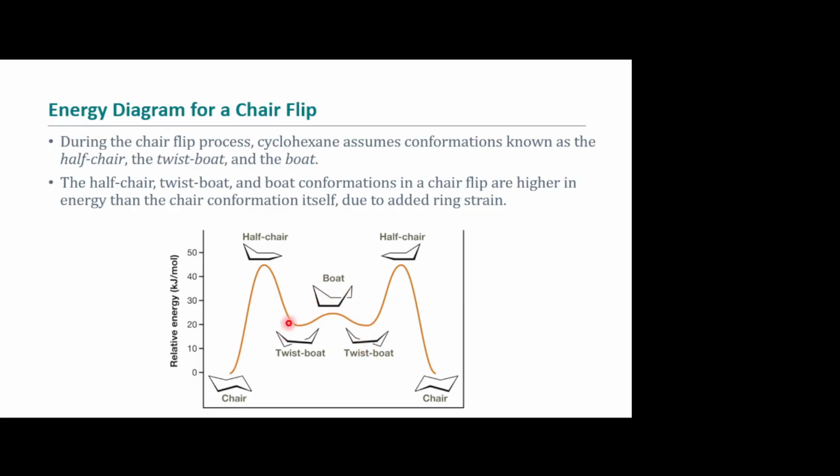But the interesting thing about this area right here is, in comparison to the twist boats, it's not that much higher energy, is it? And so you actually get a pretty quick interchange between these two. Okay? This is still not stable, though. It's the high energy state. It's going to drop off there. That is the energy barrier right there.